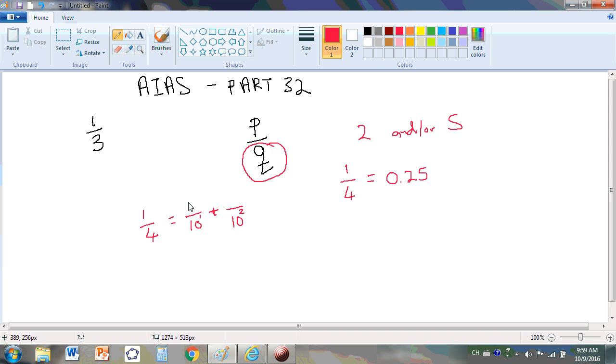So we're saying, how many of these do we need? 2 of these and 5 of these. And when we add them together, we'll get 0.25, right? Because this is the same as 20 over 100 plus 5 over 100, which is 25 over 100, which is 0.25.